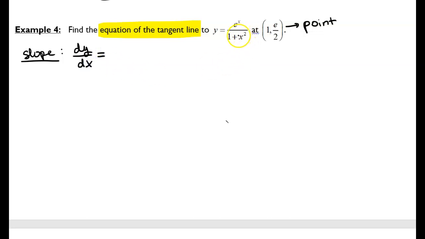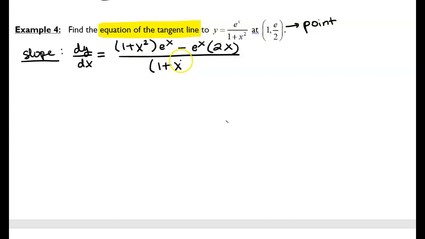So when I take the derivative of e to the x over 1 plus x squared, I'm using quotient rule again. I recognize that this is a quotient, so I have to use quotient rule. So it's low, 1 plus x squared, d high, the derivative of e to the x is e to the x, minus high, e to the x, d low, the derivative of the bottom, 2x, all over 1 plus x squared squared.